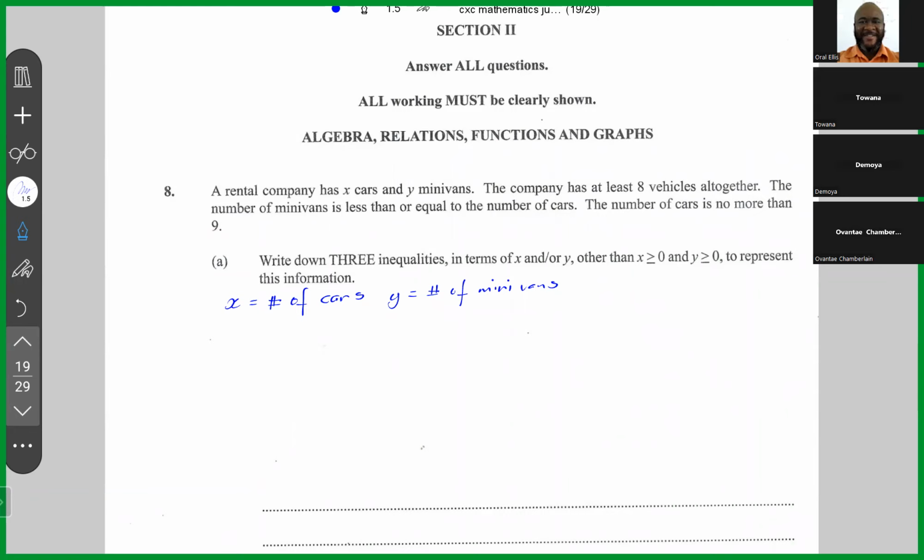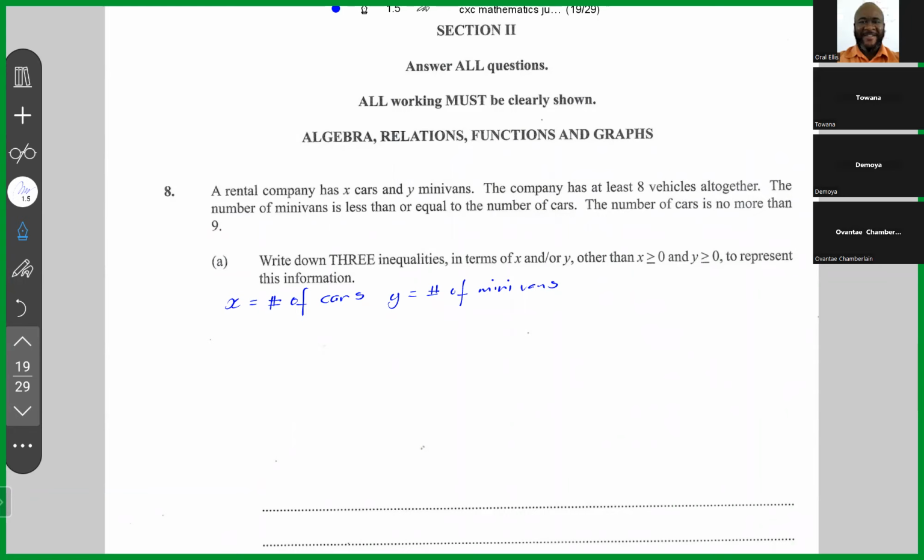We're told that the number of minivans Y is less than or equal to the number of cars. So Y is less than or equal to the number of cars, X. That's inequality number 2.